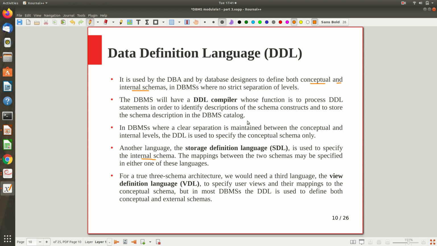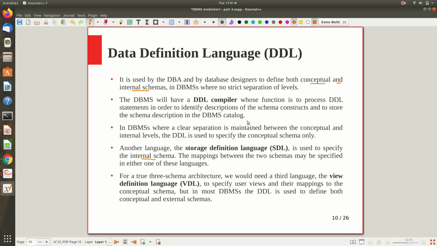Whenever we are defining the structure, the conceptual schema, you typically mention it using a high level programming language. That is the practice we have. Maybe in the next semester you will be doing a mini project using front end and back end, and at that time you may be using Java or something as your front end development.